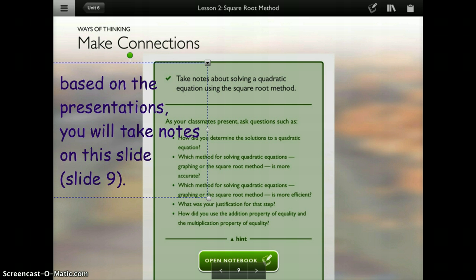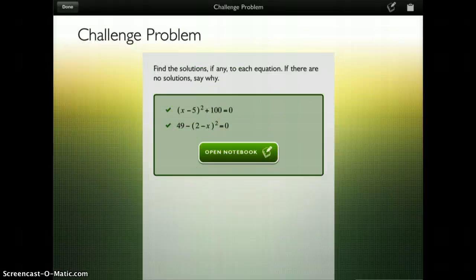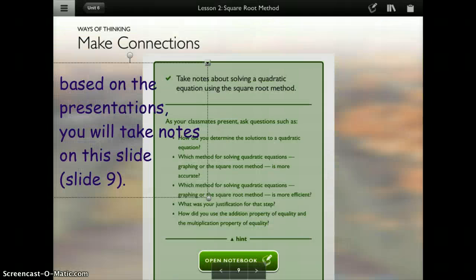Again, whatever you come up with in slide 8, we're going to share in slide 9, and you can add to whatever you already have or have not yet written.